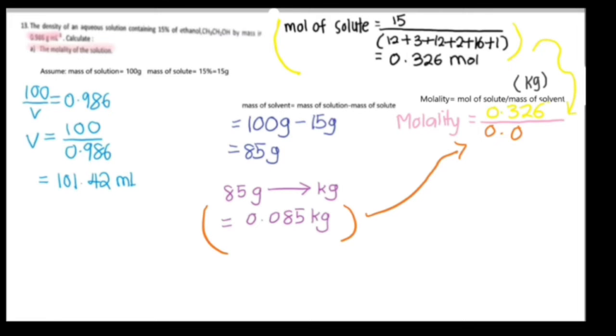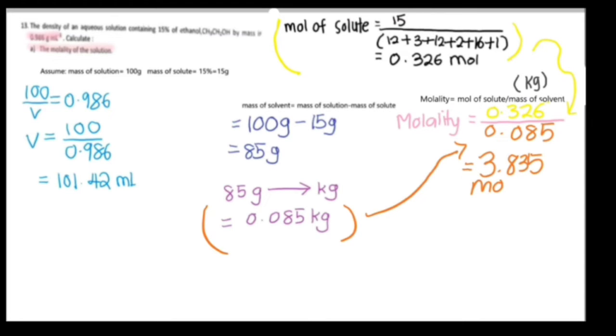After we get this 85 grams, we need to change the units, because in molality we need to use kg. So 85 grams divided by 1000 gives 0.085 kilograms.